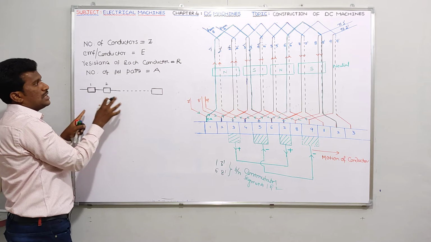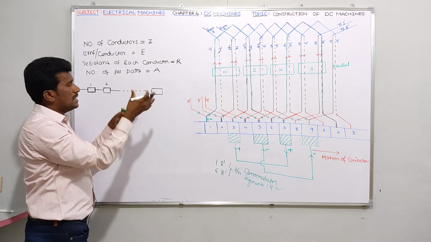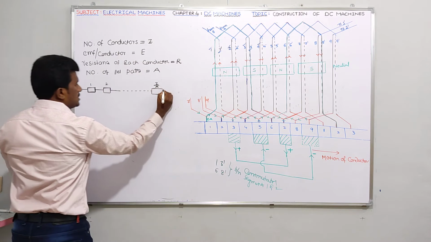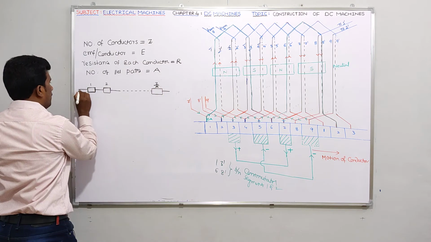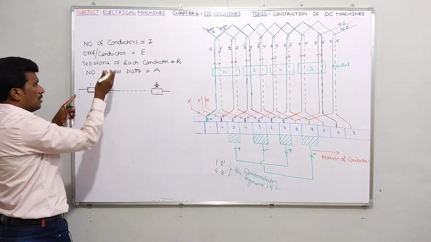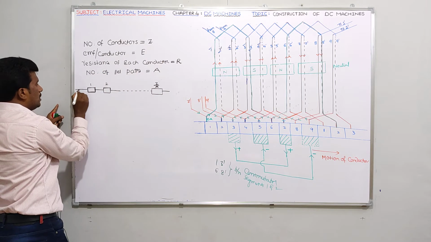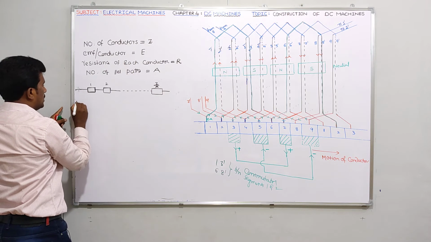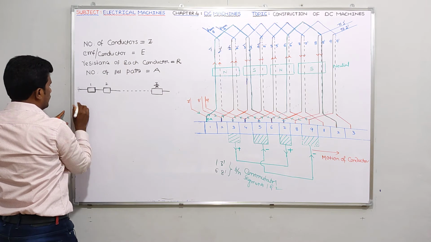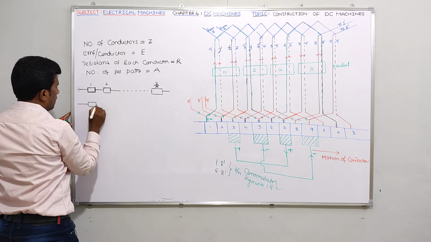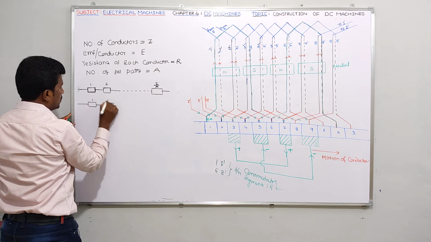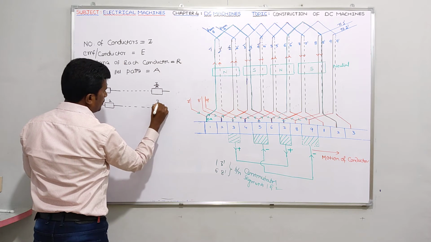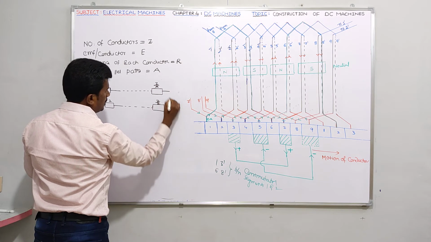The number of conductors in each parallel path is Z by A. This is one parallel path and this is another parallel path. Once again, one conductor, two conductors, and so on, Z by A.